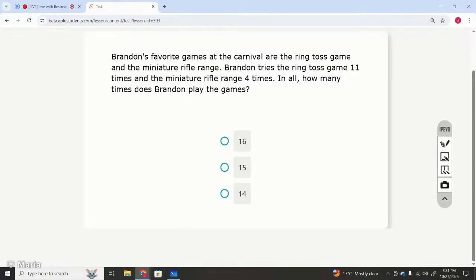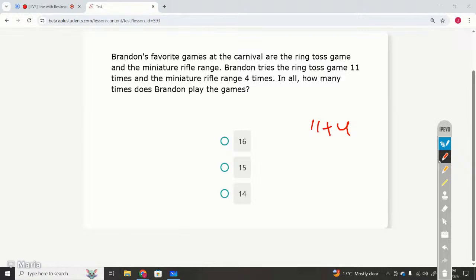Brandon's favorite games at the carnival are the ring toss game and the miniature rifle range. Brandon tries the ring toss game 11 times and the miniature rifle range 4 times. In all, how many times did Brandon play the games? You need to calculate how many times they play the game.